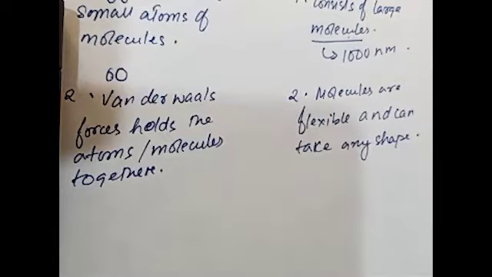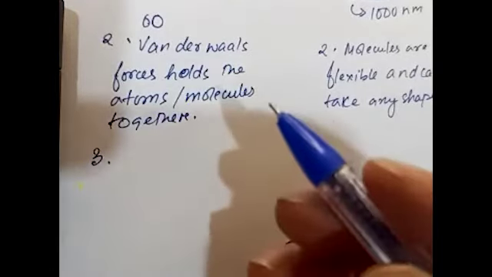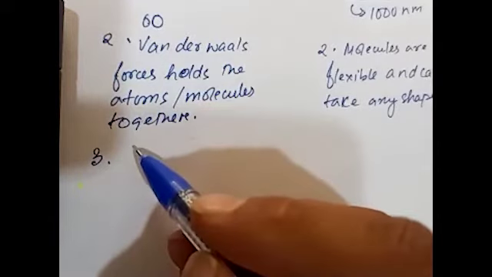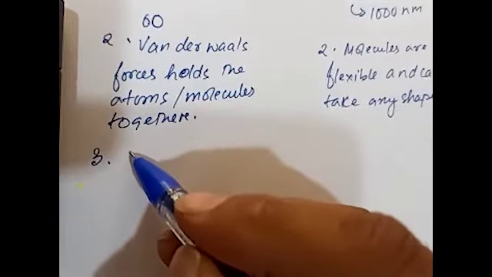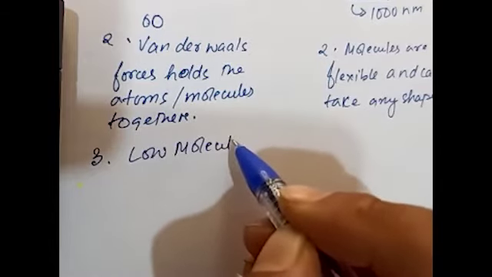Because small molecules are combining to form colloids here, the molecular mass is not very high. Low molecular mass.